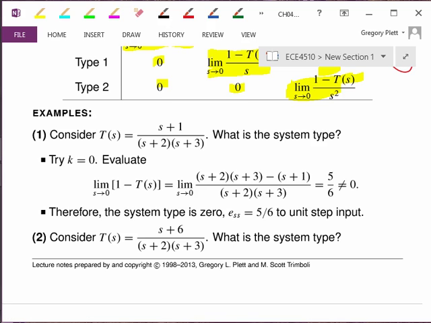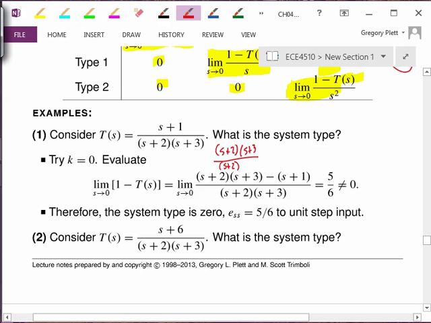Well, there's nothing to it but brute force. Try k equals 0. We plug it into the equation: what is the limit as s approaches 0 of 1 minus T(s)? You get pretty good at subtracting polynomials. 1 is equal to (s+2)(s+3) over (s+2)(s+3), to have the same denominator, minus T(s), (s+1) over (s+2)(s+3).